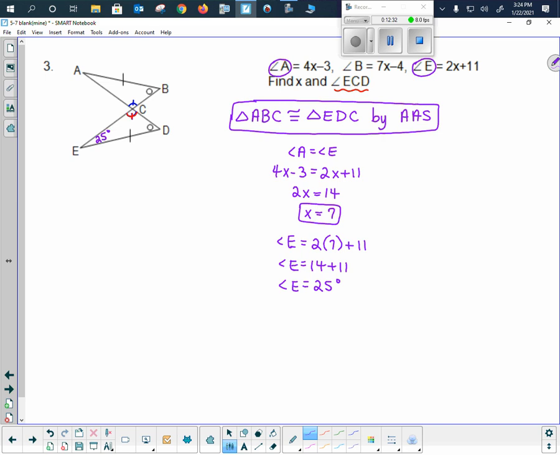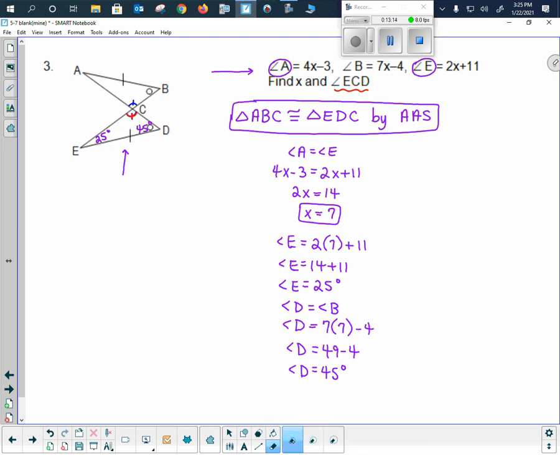All right, and then in this triangle down here at the bottom, I need angle D. Well, I'm not given D, but I notice D and B are equal to each other because they're both in the middle of our statement. So I could say angle D equals angle B, and therefore angle D is going to be, from above, 7x minus 4. So 7 times the 7 for x, minus 4, would give me 49 minus 4. All right, it looks like angle D is 45 degrees. Put that in the picture, 45 degrees.